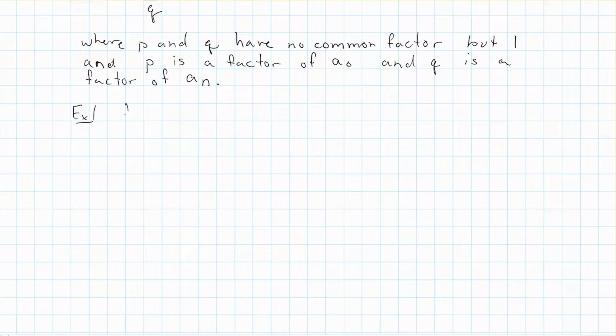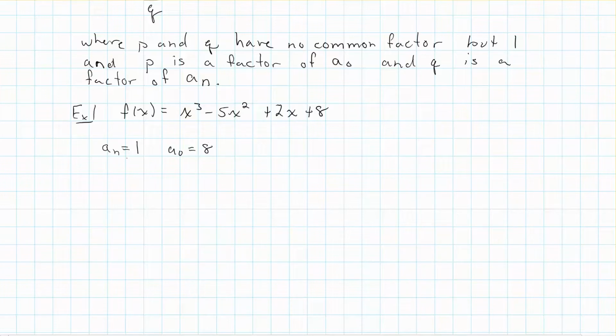So let's look at f of x is equal to x cubed minus 5x squared plus 2x plus 8. Now these are all integer coefficients, and I'm trying to determine what the rational zeros of the function are. Well, here a_n is equal to 1, and a_0 is equal to 8.